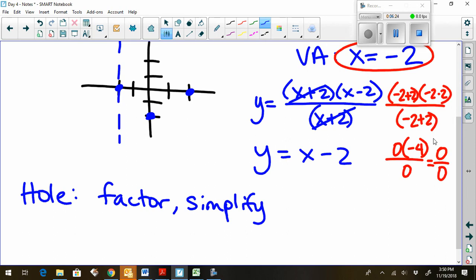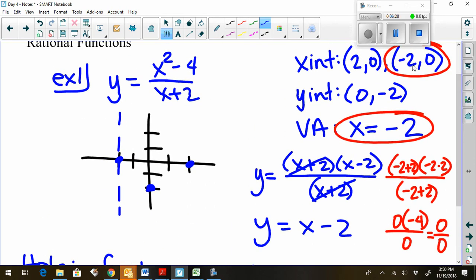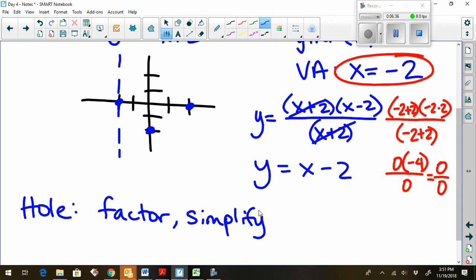And then we take where it's the contradiction, so where we have an x-intercept and a vertical asymptote, and we use that value to figure out where the hole would be. So I'm going to plug in to what's left here, and we're going to call this y star.